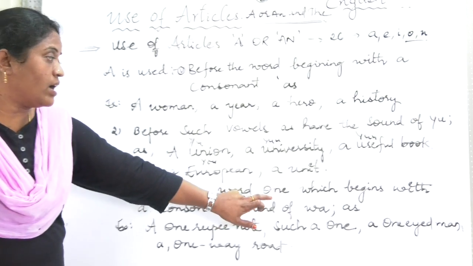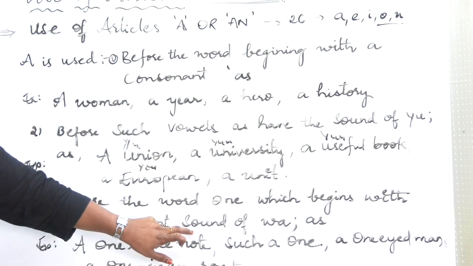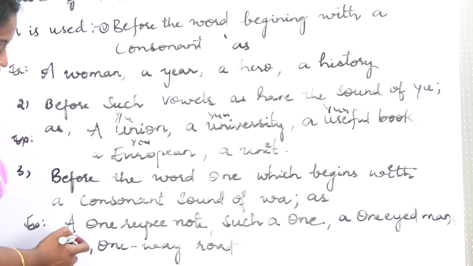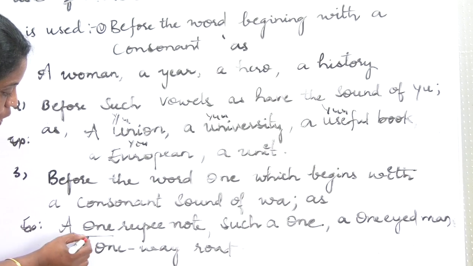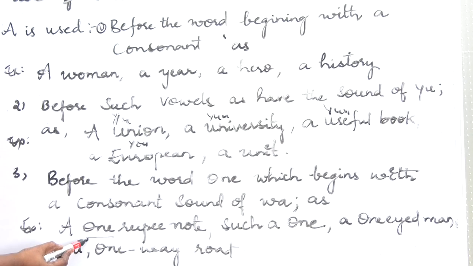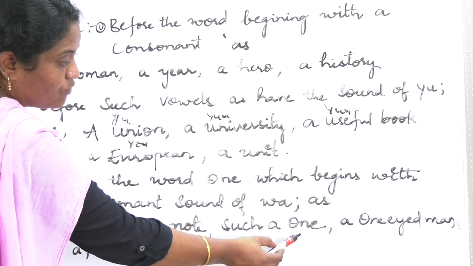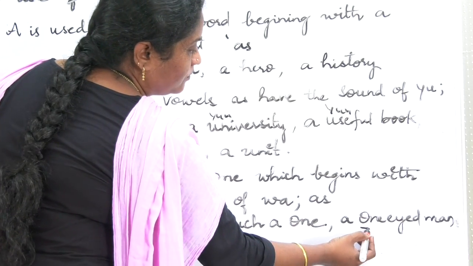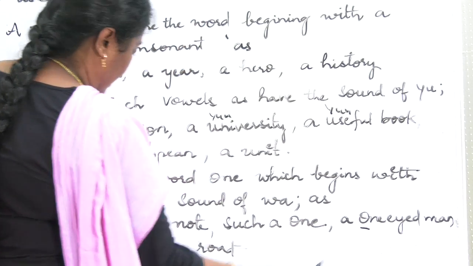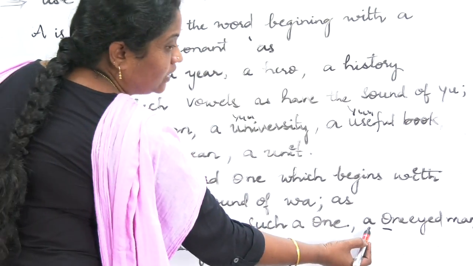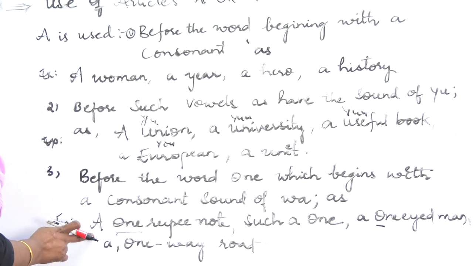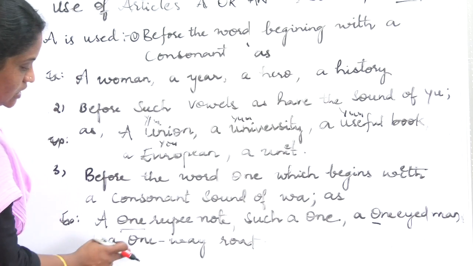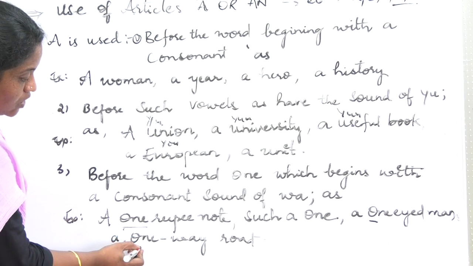In the same way, a is used before the word one, which begins with the consonant sound of W. For example, see: a one rupee note. Here, O is actually a vowel, right? In the same way, a one-eyed man. O is a vowel, but we are using the article a. In the same way, a one-way road.